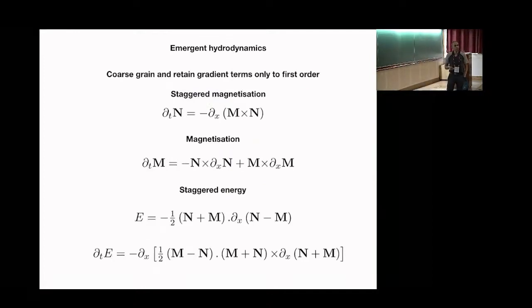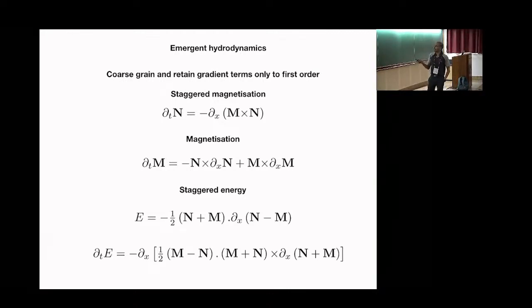Right, so having defined the staggered magnetization and the magnetization, we can now go ahead and coarse grain the model, and basically write down the model as a continuum, keeping only the most relevant lowest gradient terms. Sure enough, we get a conservation law for the staggered magnetization, as we should.